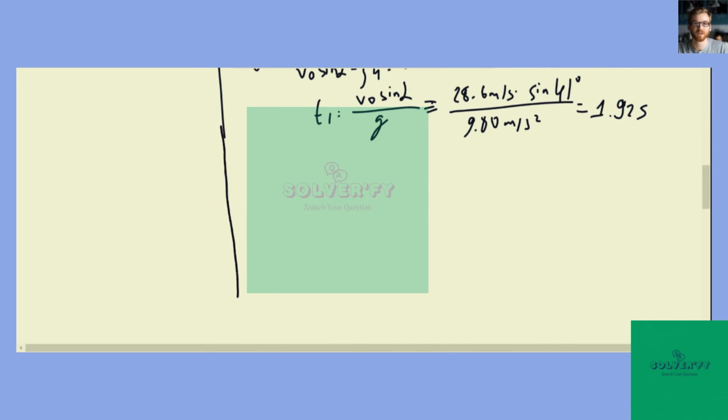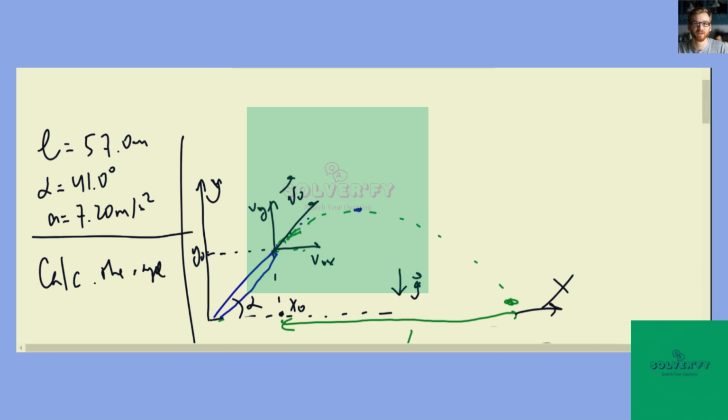So the total time of flight equals t1 plus t2, where t2 is the time needed to go from h max down to y equals 0. So this is h max, and the time of this motion is t2.